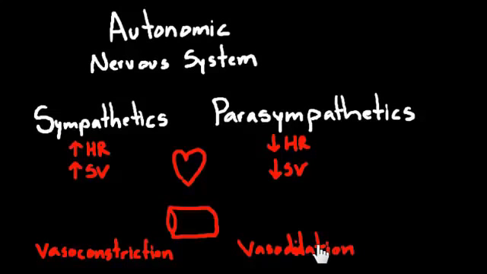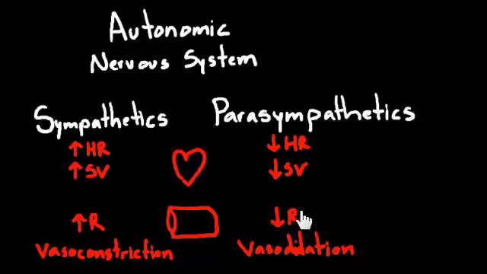So for the sympathetics, the arteries and arterioles, mostly the arterioles, start to get smaller. And as they get smaller, that increases resistance. And for the parasympathetics, they cause the arterioles to get bigger, to dilate, and that will cause the resistance to fall.